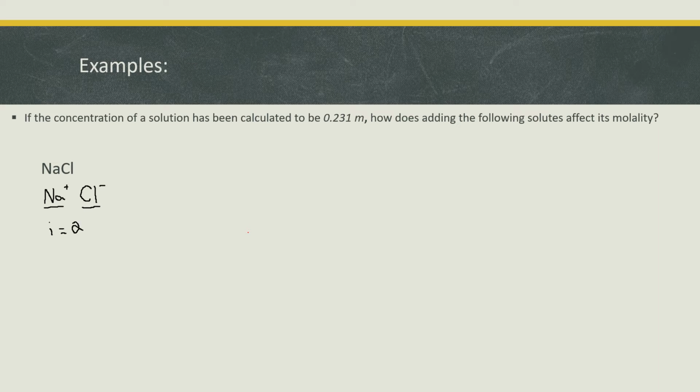Now to determine how this affects the molality, all you do is take your I and multiply it by the molality, which is in the problem. So we take our 2 and multiply it by 0.231, and when you solve that out, you should have gotten 0.462.